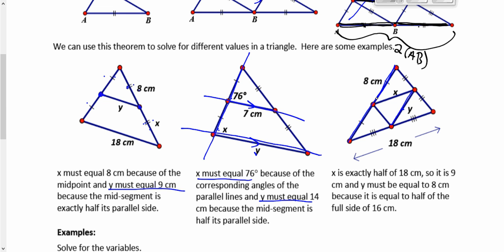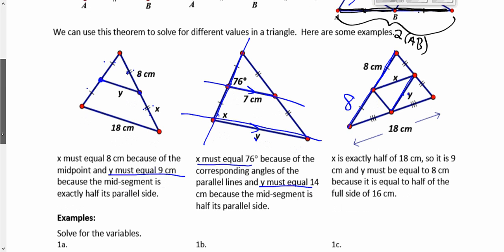What's this one? What's y equal? 8. Because the third side is 16. What's half of 16? 8. Oh. So it turns out the mid-segment is equal to just one of these segments here. Because one of these segments is half of the whole thing because it's a midpoint. All right? Just keep circling back around, don't we?